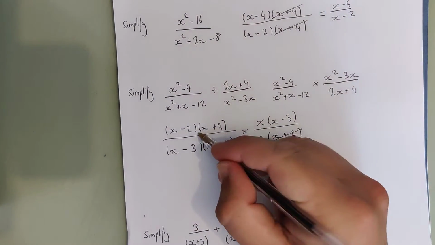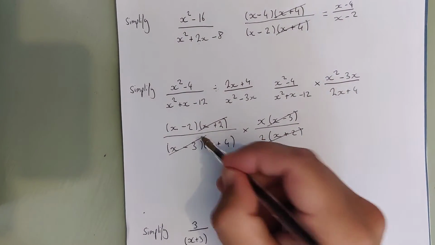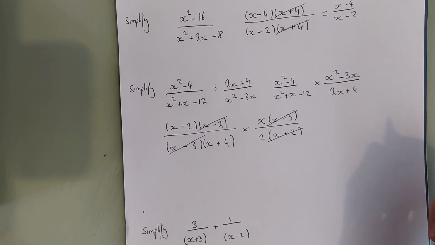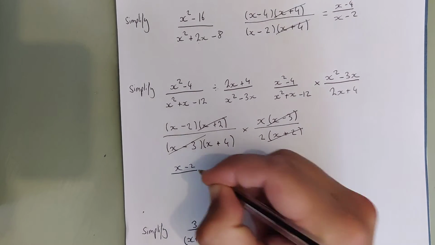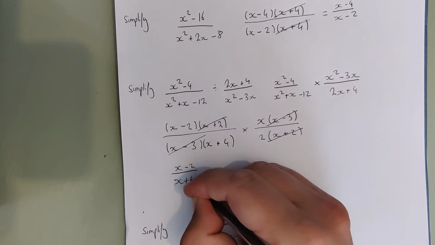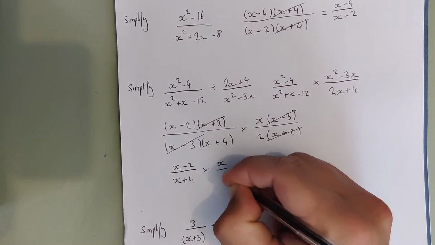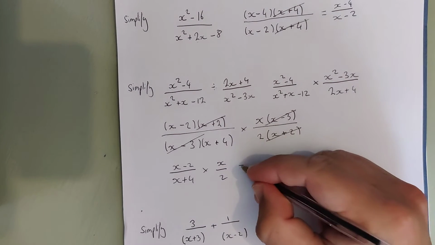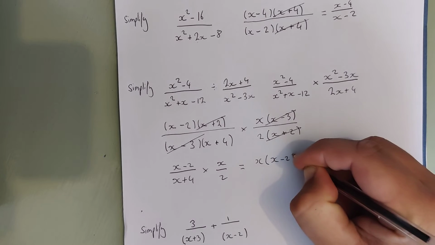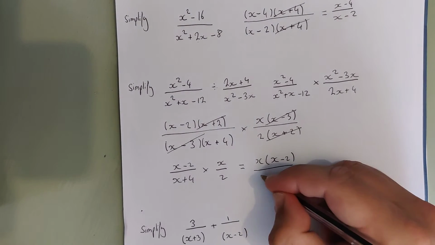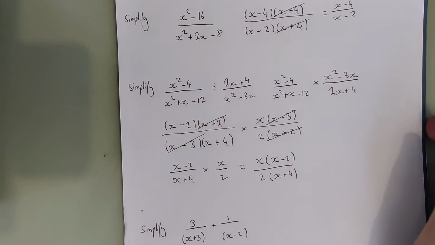So x plus 2, x plus 2, x minus 3, x minus 3. So what we're left with is x minus 2 over x plus 4 multiplied by x over 2, and that is equal to x bracket x minus 2 over 2 bracket x plus 4. And that's all done.